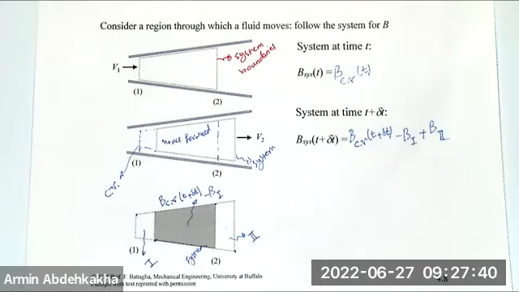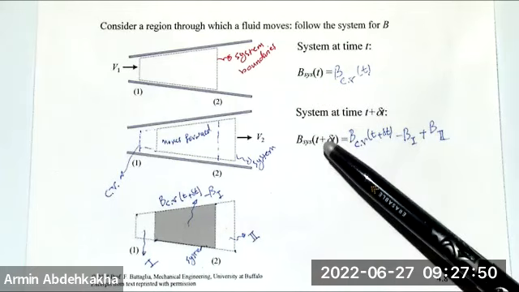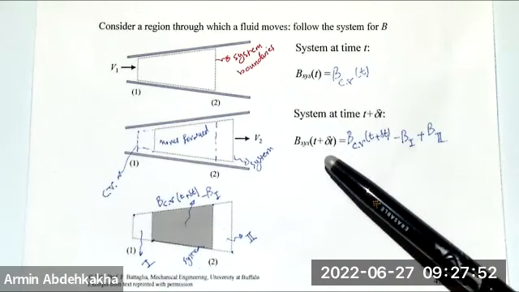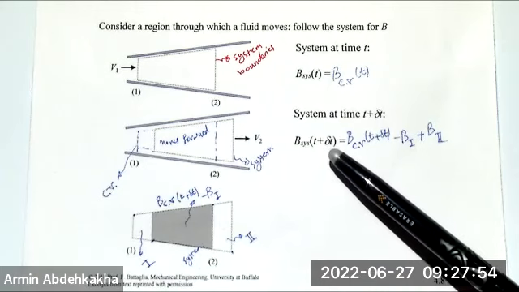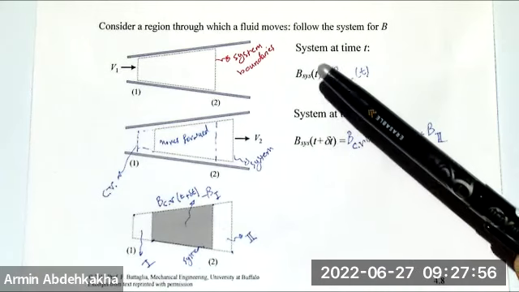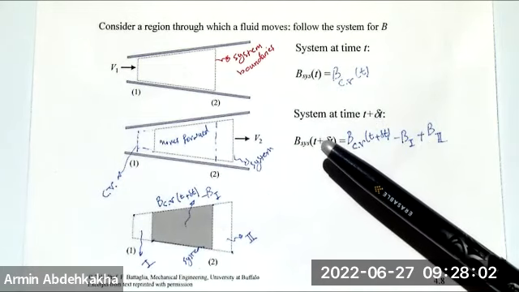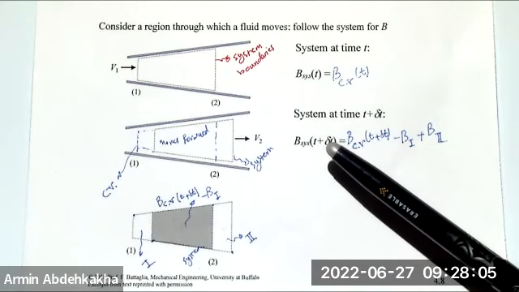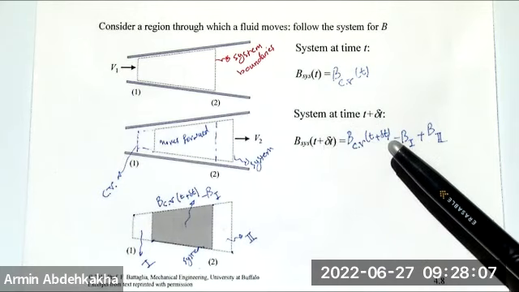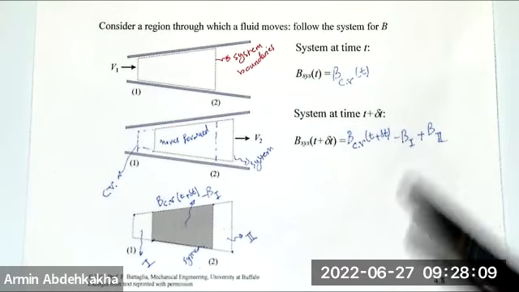So you can find the rate of change, for example of velocity, if you consider B is velocity, over an increment of time, which is delta t. So if you find B in system analysis by the time rate of change of that, then you can also find the rate of change of that by control volume and then connect these two.